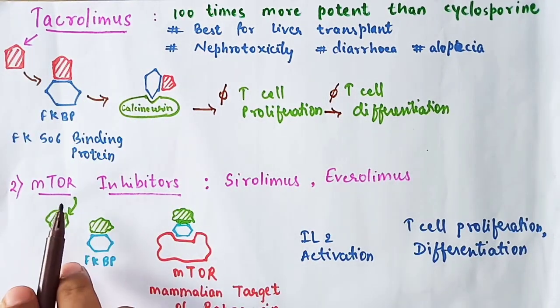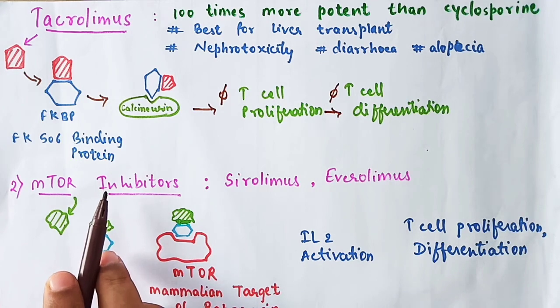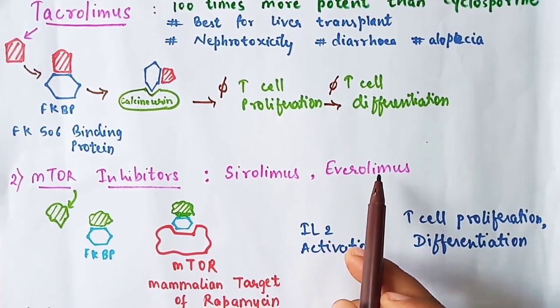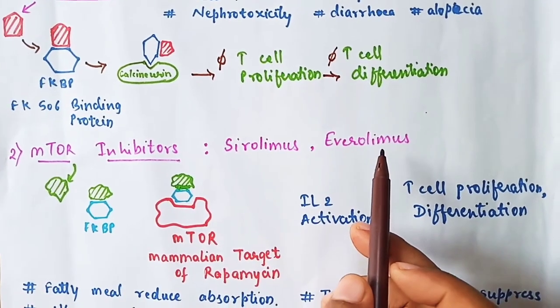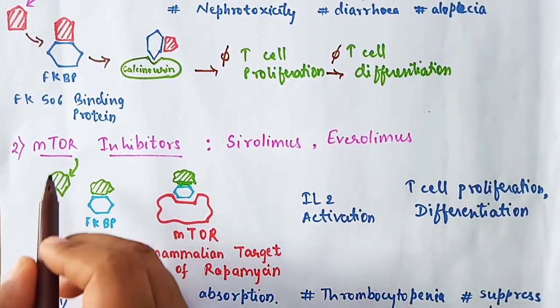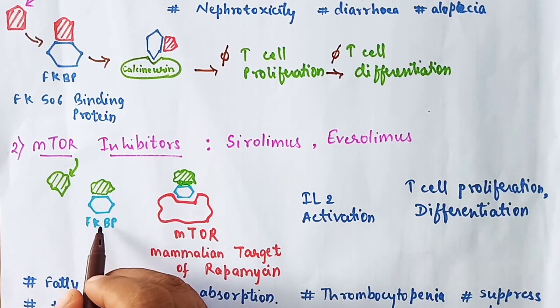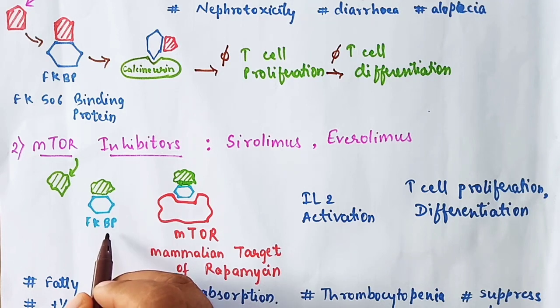Now let's see mTOR inhibitors, that is sirolimus and everolimus. Both act by the same mechanism of action. Let's see the action. These mTOR inhibitors also act on FKBP protein, that is FK506 binding protein.